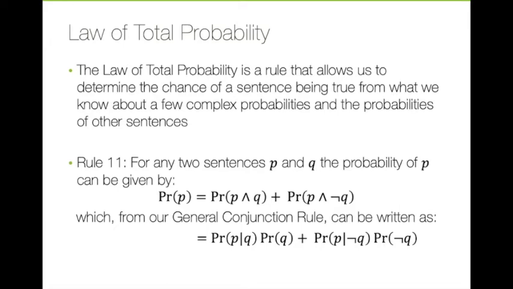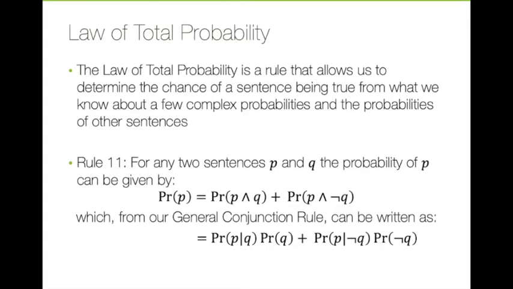For any two sentences, P and Q, the probability of P being true can be given by: the probability of P equals the sum of the probability of P and Q, that conjunction, plus the probability of the conjunction P and not Q. So the probability of P is given by the sum of the probabilities of two conjunctions.